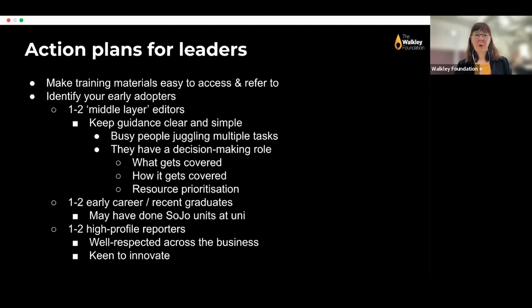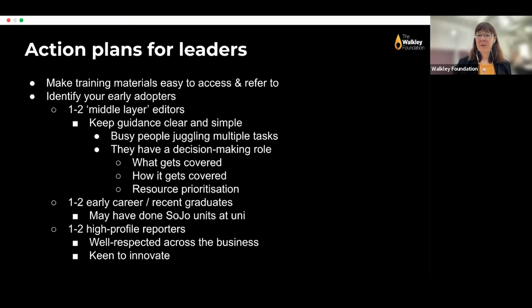Identify your early adopters. What we're also taking away from the experiences of people like Sabra, like Drew, and overseas, is that you need a mixture of people who make decisions and people who produce content. Middle layer editors are the people who decide on a day-to-day basis what goes out, and they're horrendously busy usually.